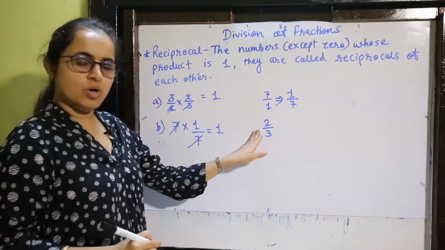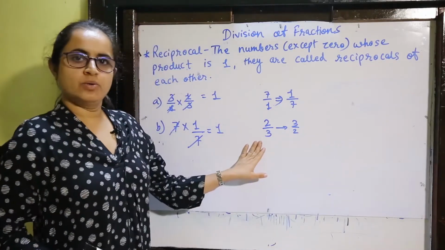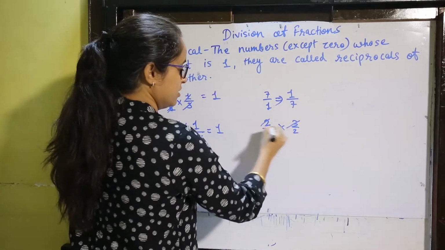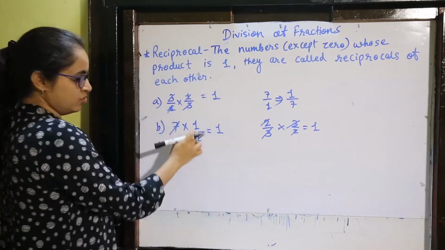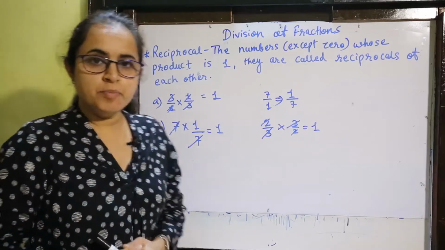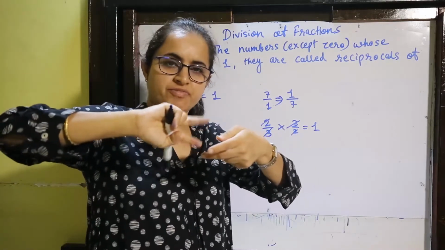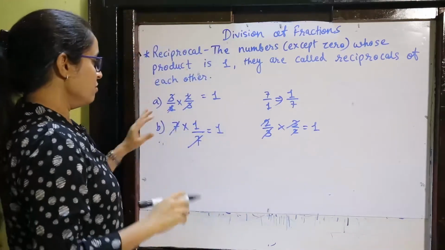So the reciprocal of this number is 3/2. Why? If I multiply these two, the answer will be 1. So reciprocal means flip the numerator and denominator.